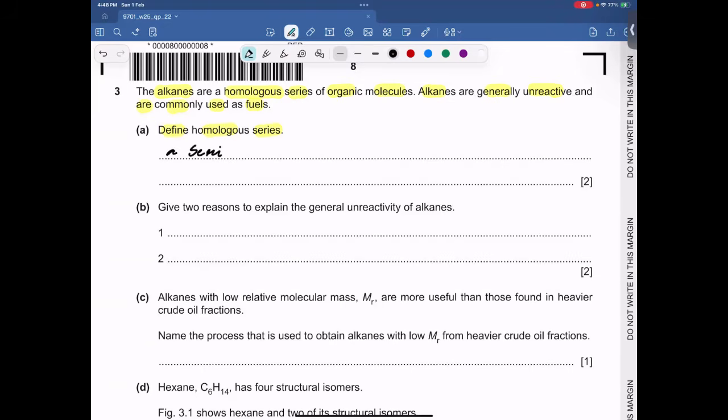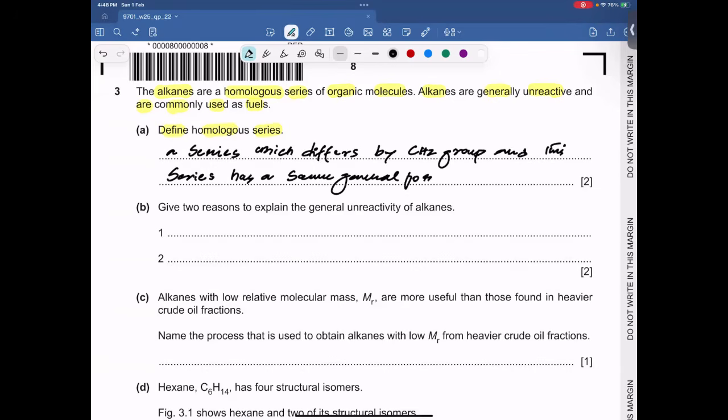A series which differs by a CH2 group, and this series has the same general formula also, and also has the same chemical properties.